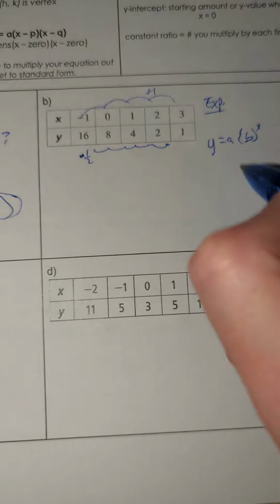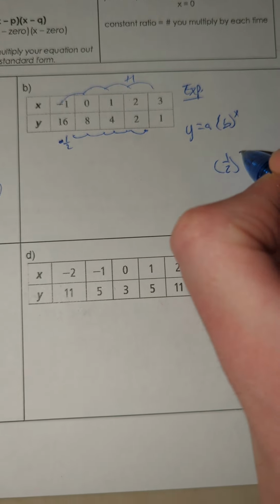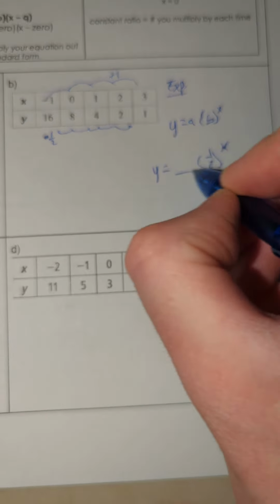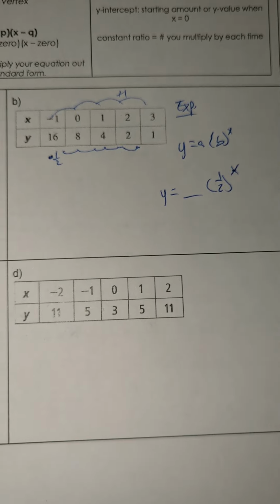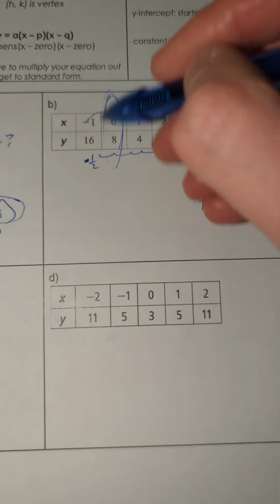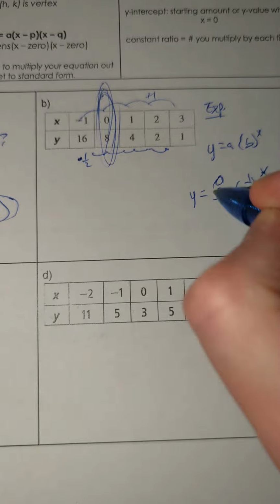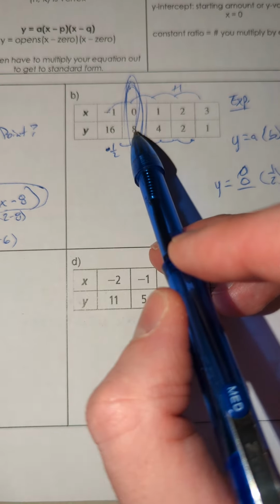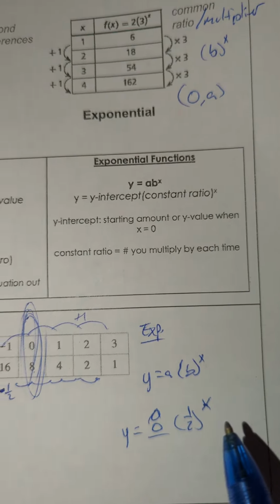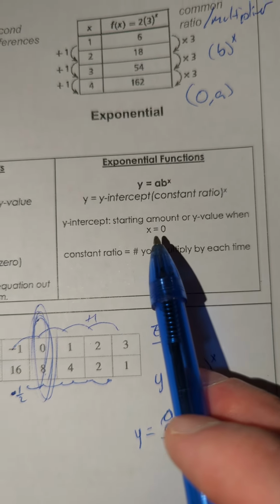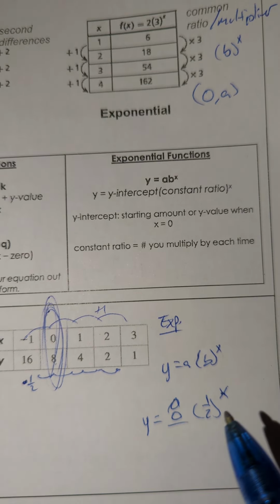I know b is my multiplier, so b is 1/2. So I need to find my a. Now my a is my 0 term, my initial term. And I see my initial is right here, 8, because it's 0 comma. Remember, 0 comma. Y-intercept is where x is 0.